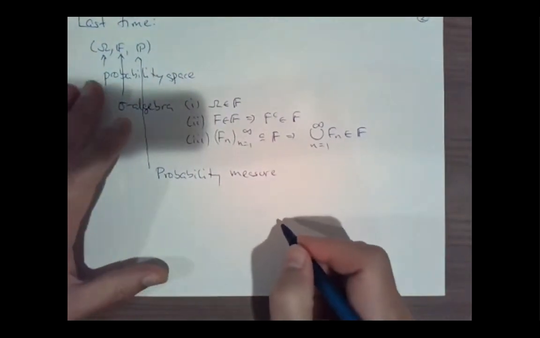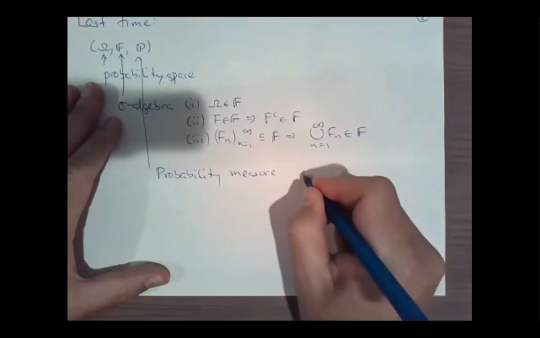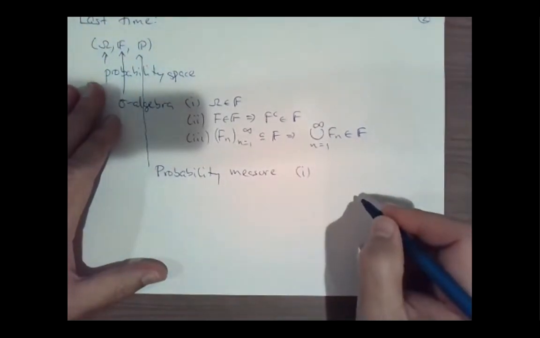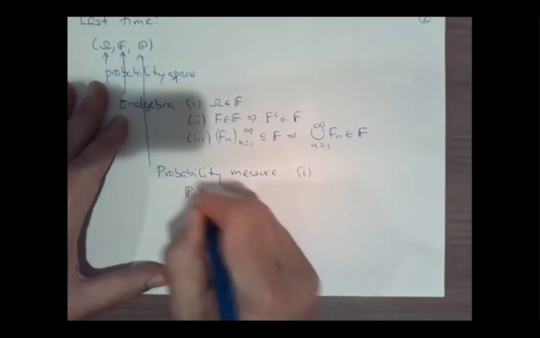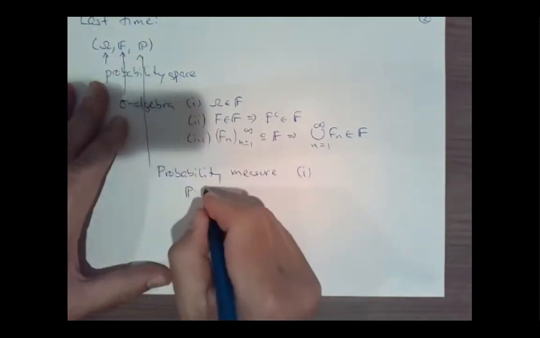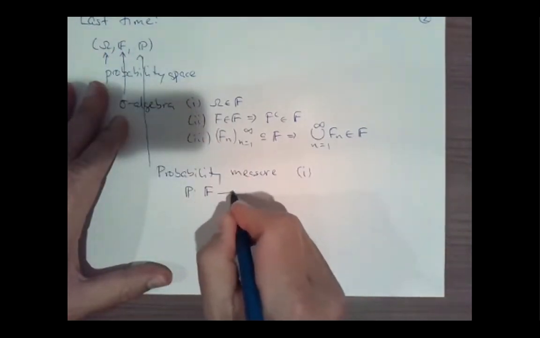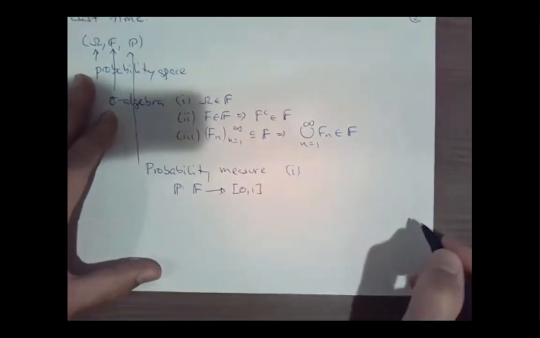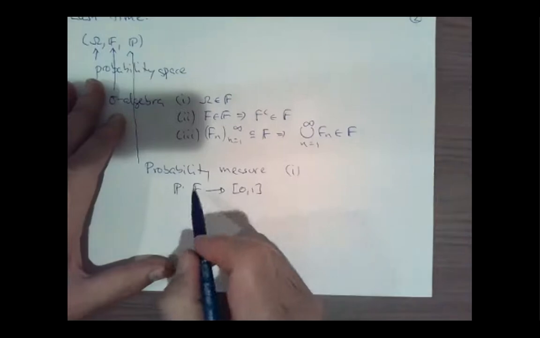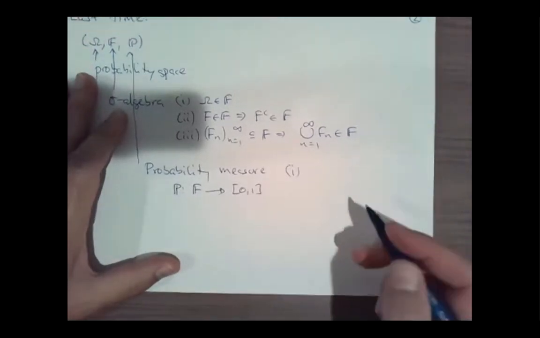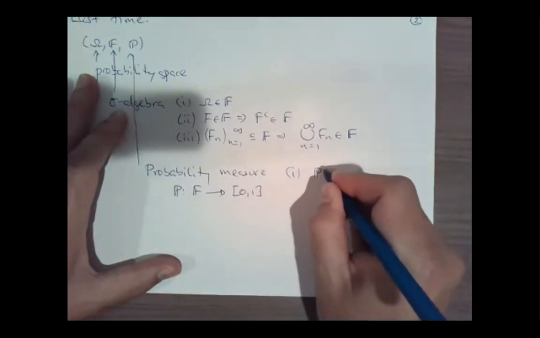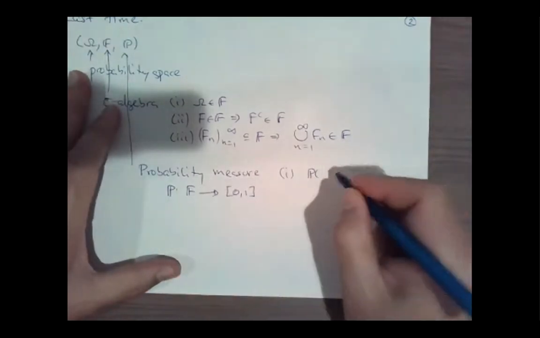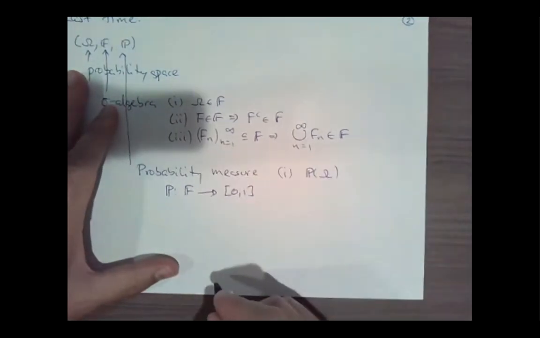The domain is the sigma algebra, and the codomain is the interval 0 to 1. It satisfies two properties. The first is that if I put in the entire space, I get 1.